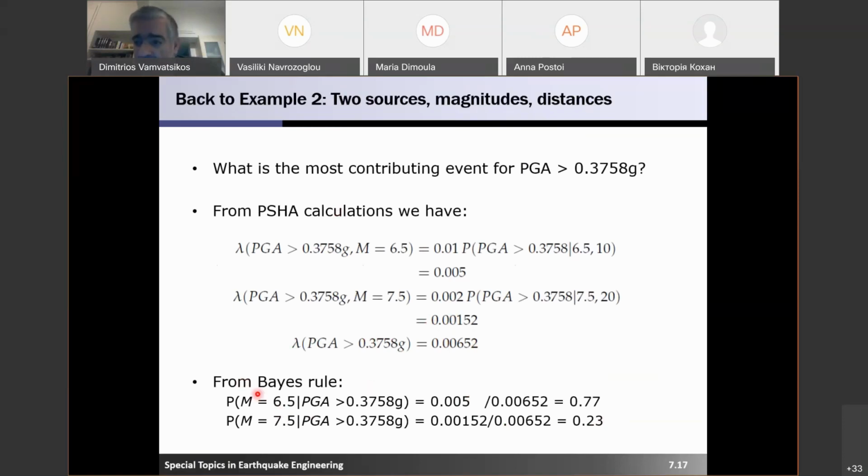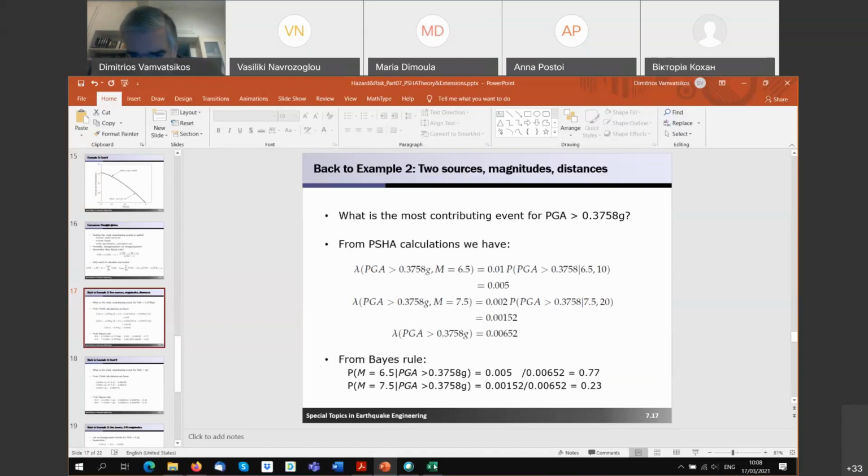Remember we've already noticed that. It tells you that the 6.5 is 77% likely to actually produce this. The 7.5 is only 23%. So that's the relative contribution of the two. By the way, if I want to go back, it was about here, 0.3 something, 1, 2, 3.